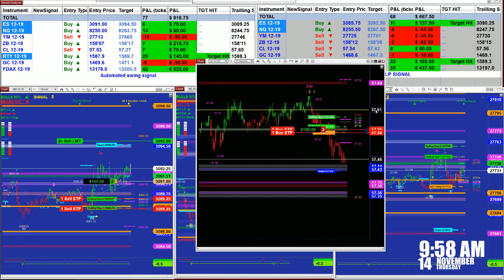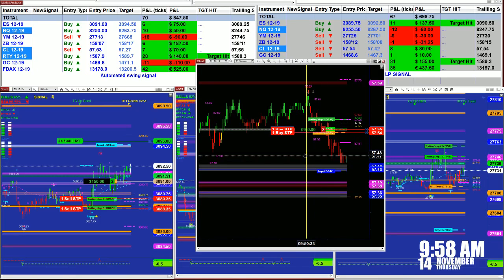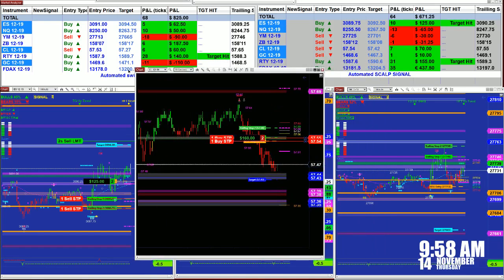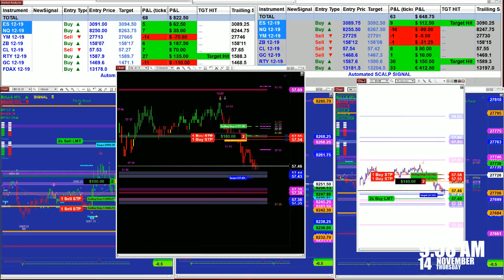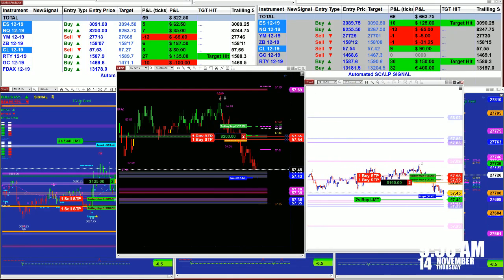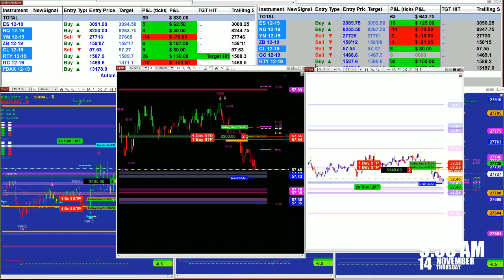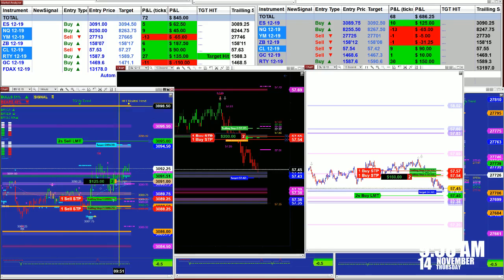This is really very good performance on the zone automated trade. The black one is the zone automated trade, and the white one is the scalper. Each one of them is a different color, and the swing trading is the blue color.